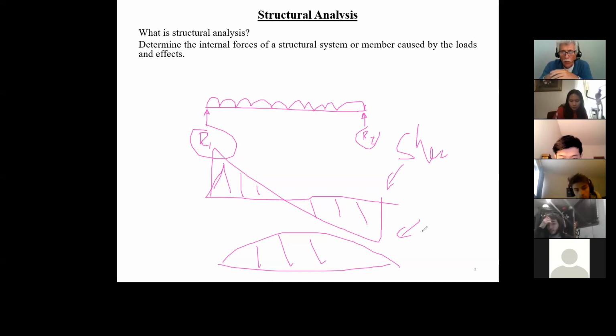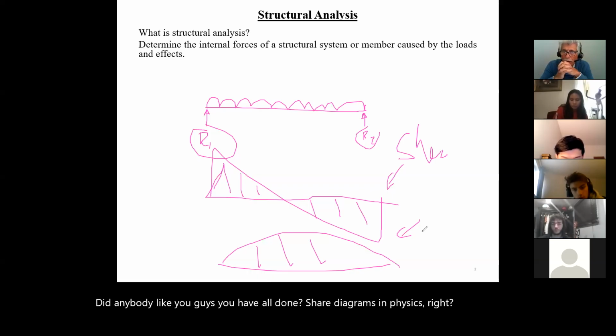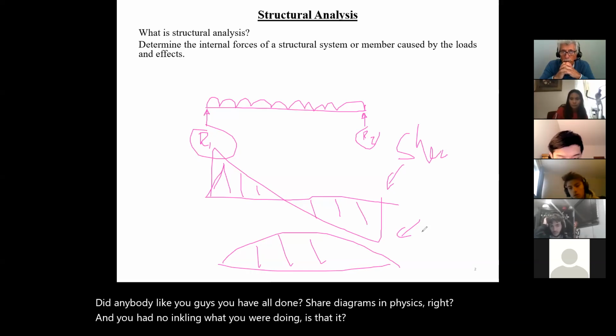Did anybody, like, you guys, you've all done shear diagrams in physics, right? Yeah. And you had no inkling what you were doing, is that it? Well, that is the bending moment diagram. Okay, but what is the bending moment diagram? Go for it.